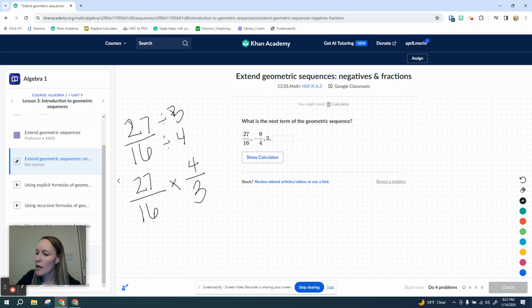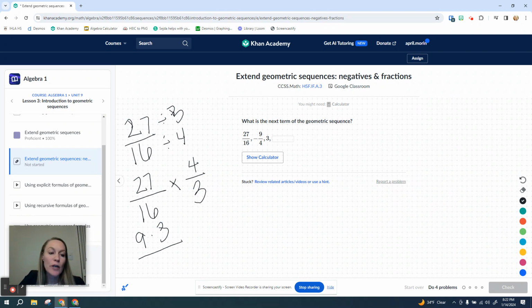So if you don't believe me, if you need a little review on multiplying and dividing fractions, 27 could be split up into 9 times 3. 3 doesn't like it when I draw 2s or 3s for some reason.